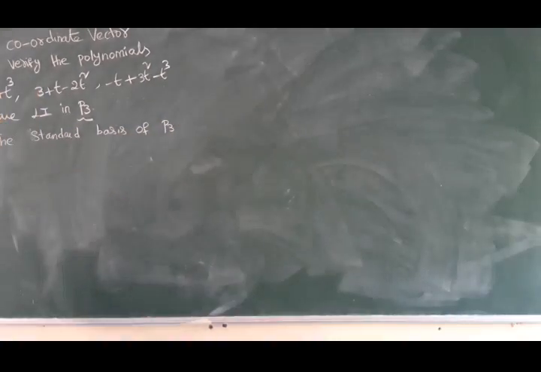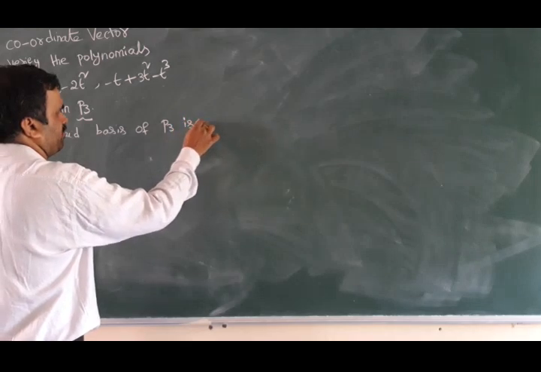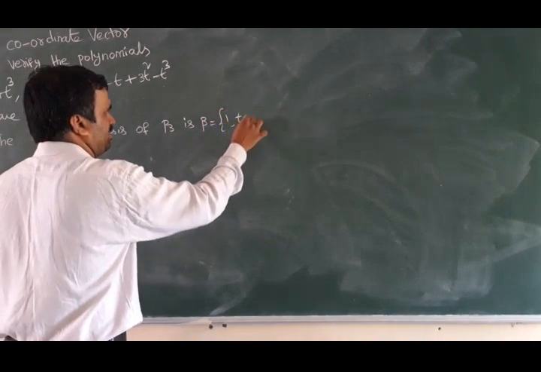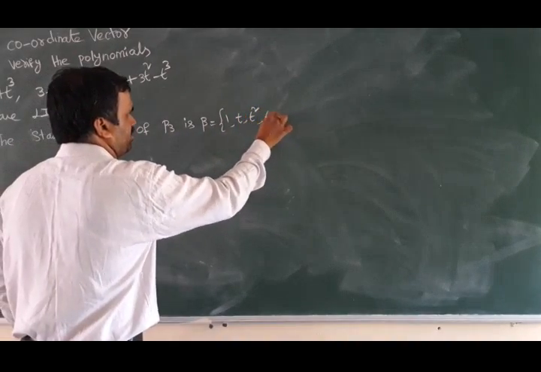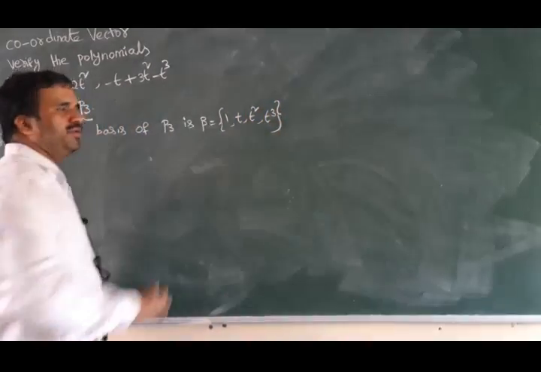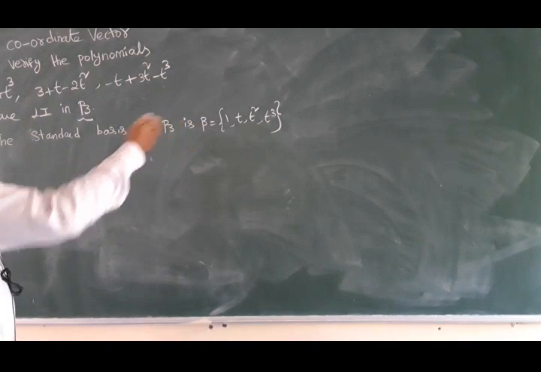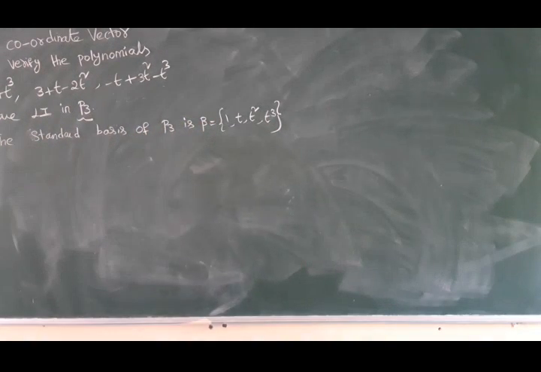The standard basis of P3 is beta equal to 1, t, t squared, t cubed. Degree 3, obviously the highest degree, and there is a chance of degree 2, degree 1 and a constant term.